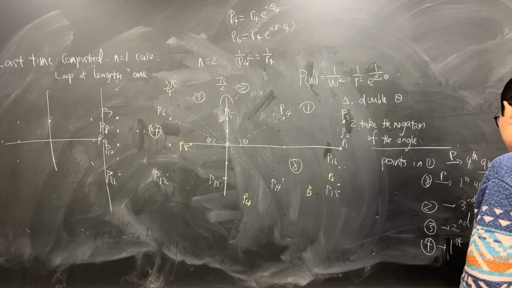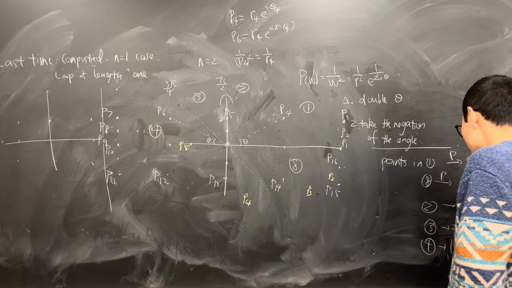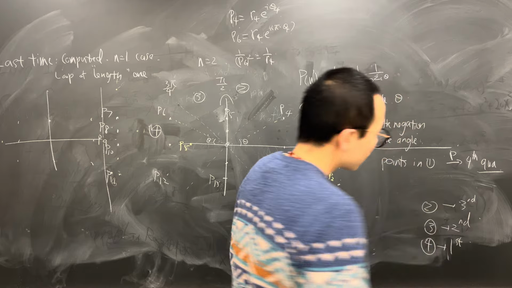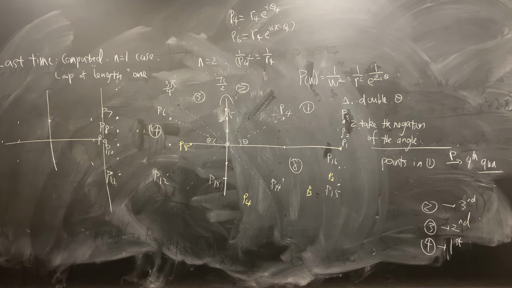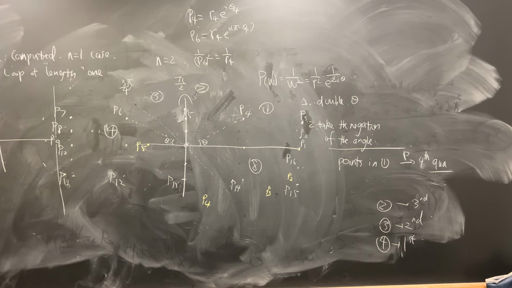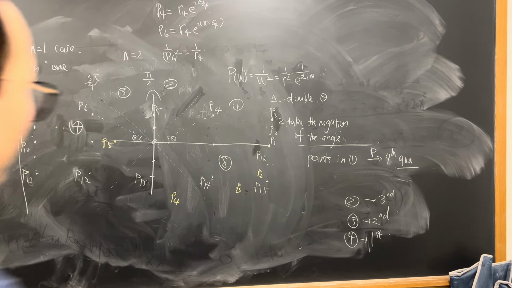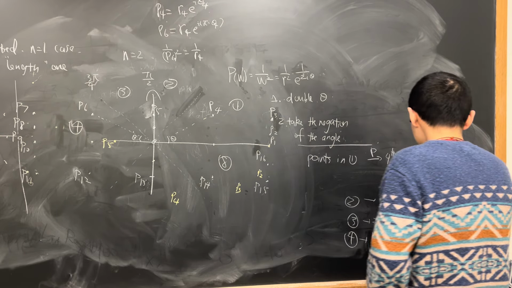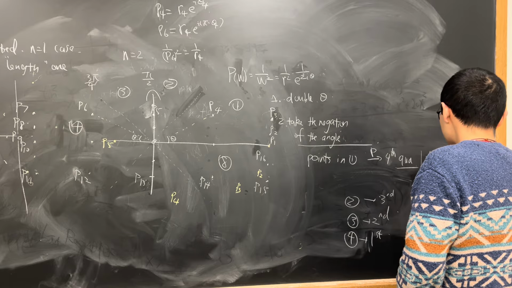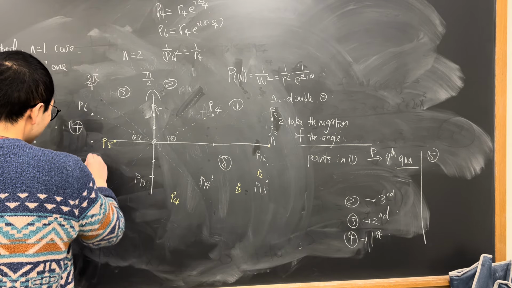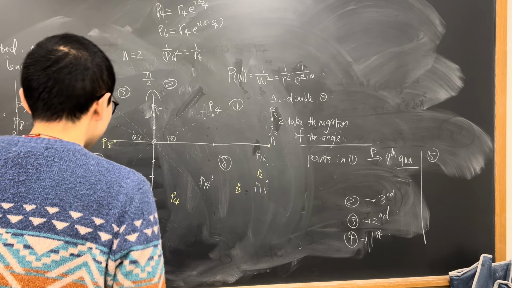Actually, let's delete this 8 and make it symmetric. Here, let's put 5. So for the number 5 part, where does it lie?